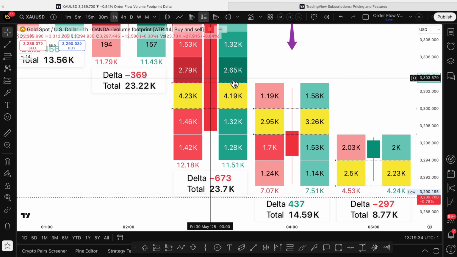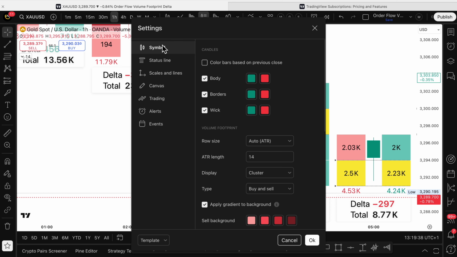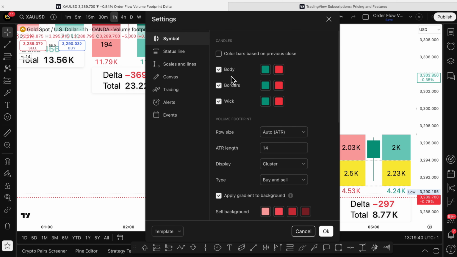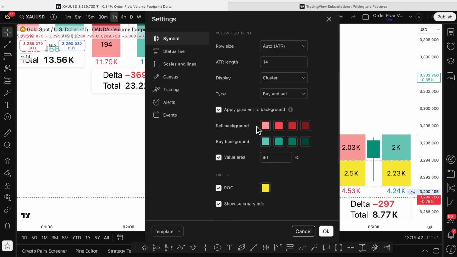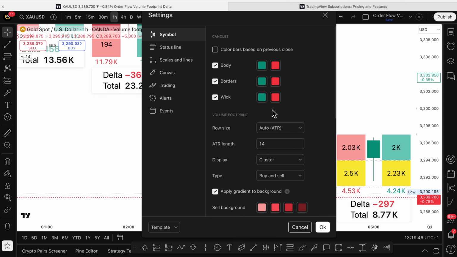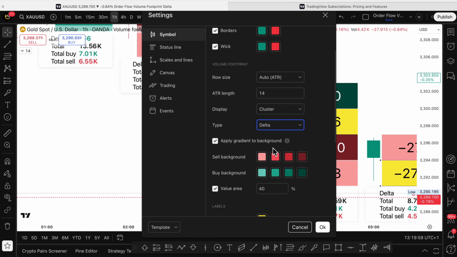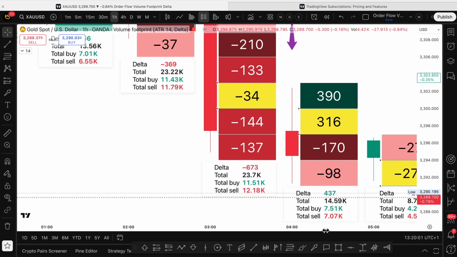673. Now if we right click on our canvas and go to settings and go to symbol, this here is all the settings for your footprint. So we are going to change only one thing. Down here at type where it says buy and sell, this is basically the left hand and right hand column, buyers and sellers. We are going to change this to delta and then we'll click OK.